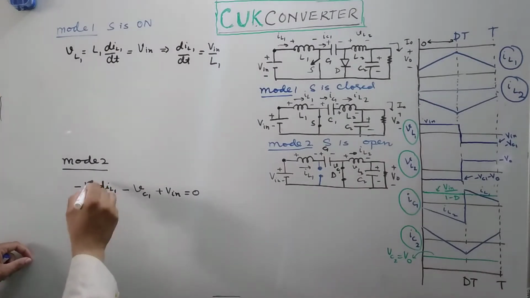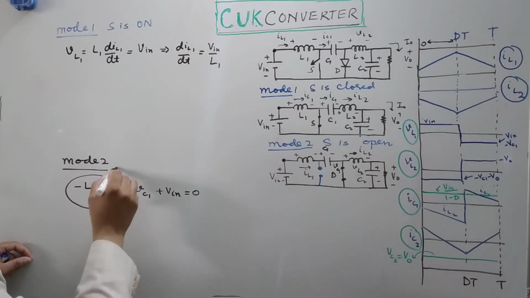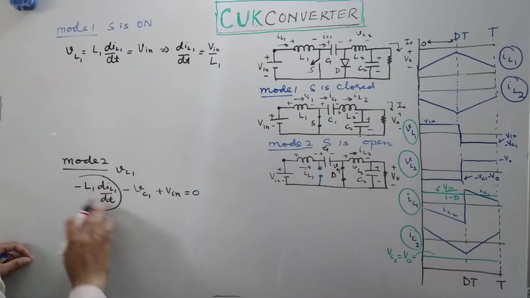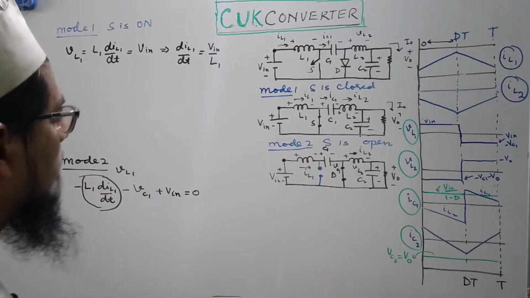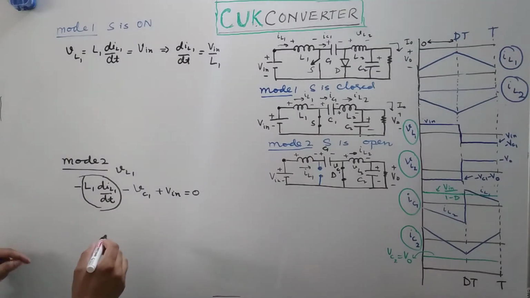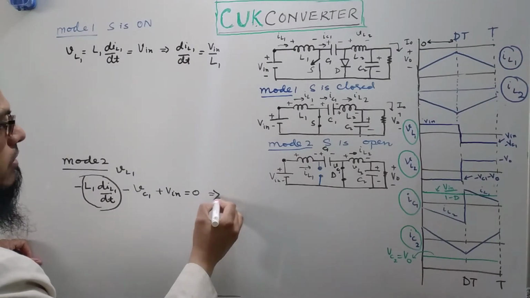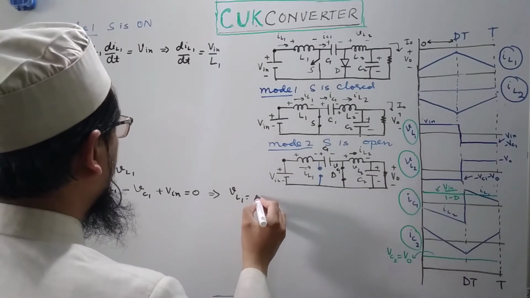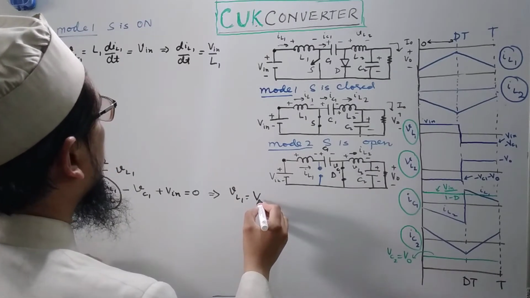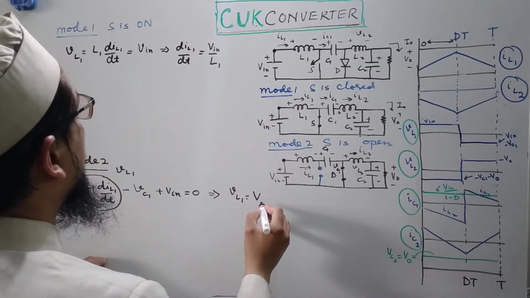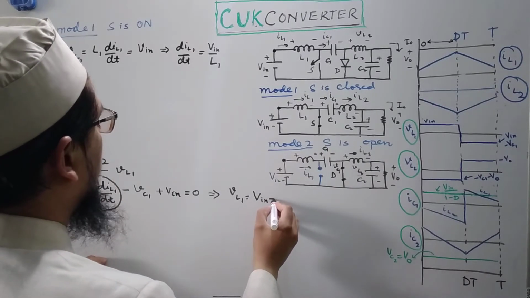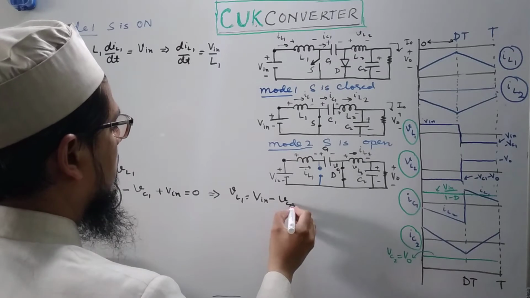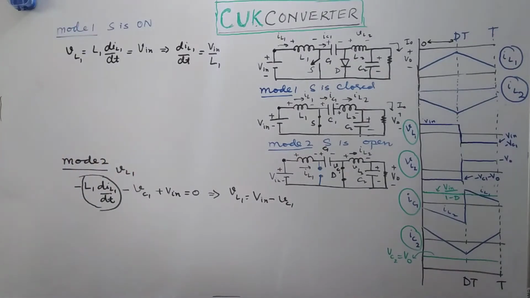So this is VL1, that implies VL1 will be equal to Vin minus VC1.